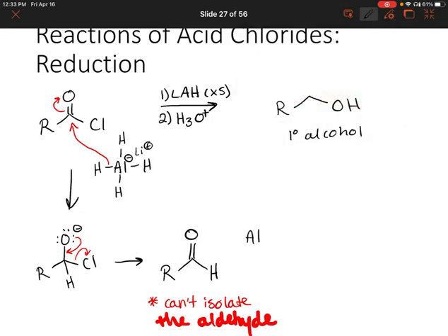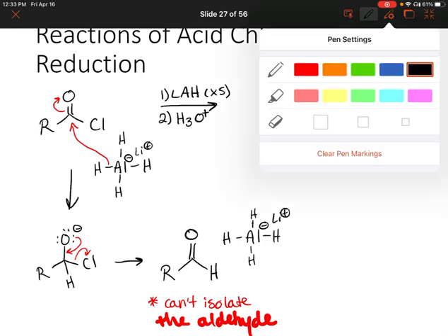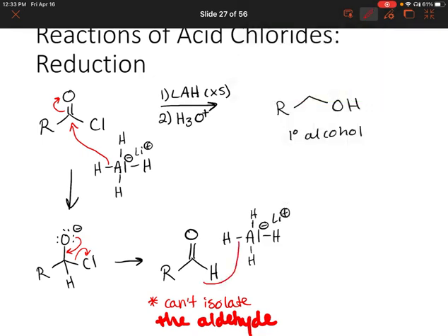So another aluminum hydride molecule is going to come in. And again, one of the hydride atoms with its electrons is going to attack that carbonyl carbon. We're going to move electrons up to oxygen.